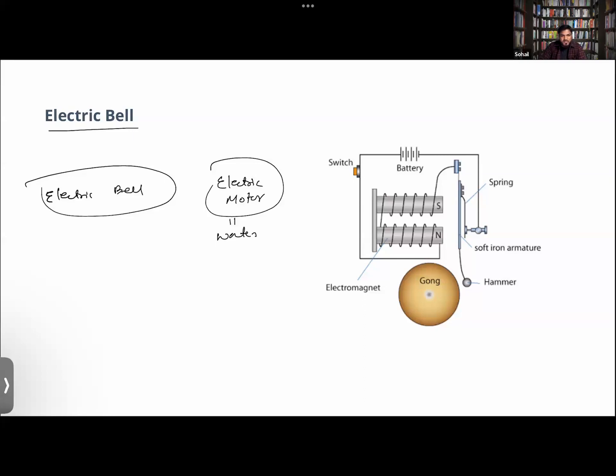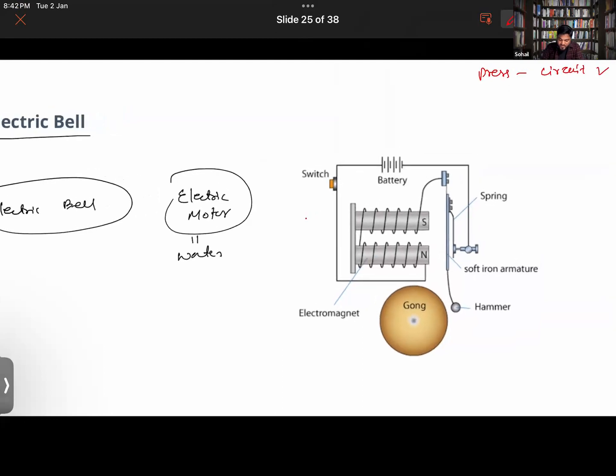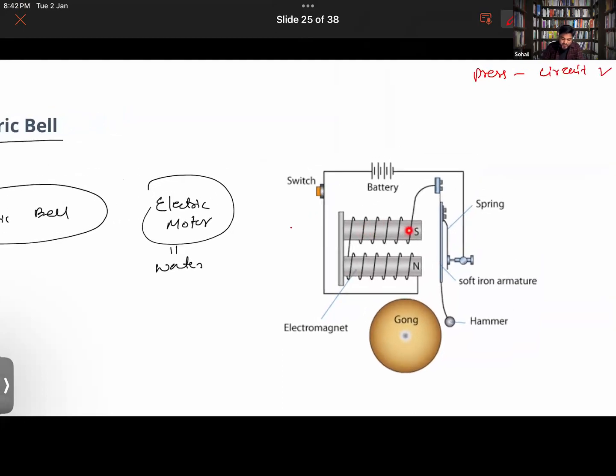Exactly. So let's understand the mechanism of this electric bell. When you press this switch, the circuit is completed. Now current starts flowing in the electromagnet. When current flows through this electromagnet, it generates a magnetic field.